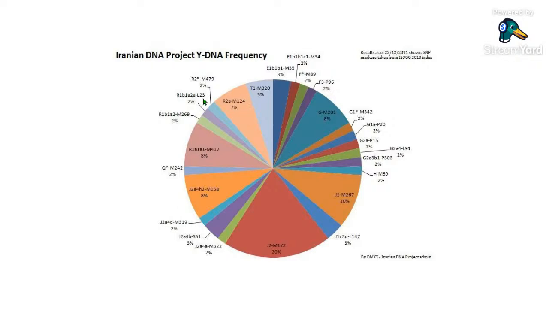I don't know. R2 is Togarma, probably. Maybe not as much R2. But the R1A and the R1B, many of them are associated with the Jewish people. Many of them probably Jews, or autosomally Jewish people as well. So, in other words, there are people that joined Israel and Judah, or Judah in particular.